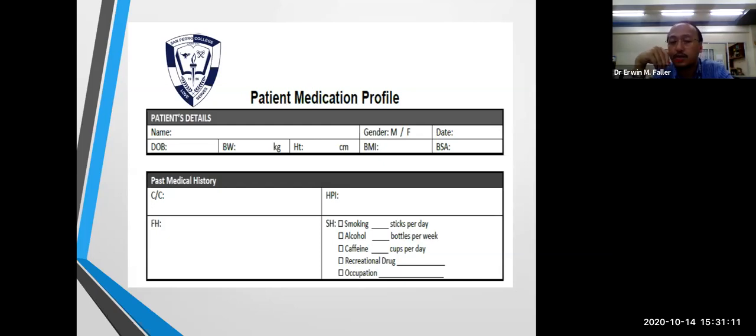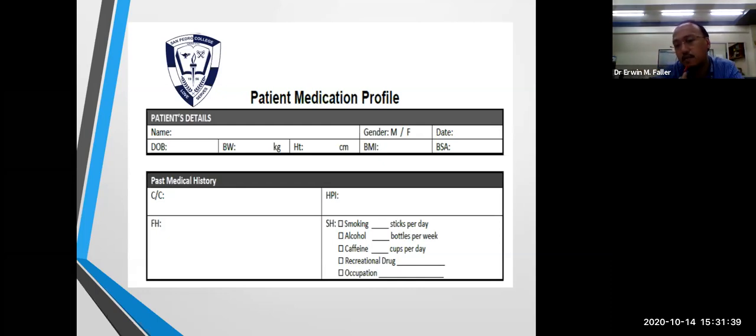At the same time, also the family history. You'll be able to identify if they have a bloodline of, if the chief complaint is diabetes, the family members per se, the father may have diabetes or the mother may have hypertension, because it may be genetic within the family in terms of their disease.